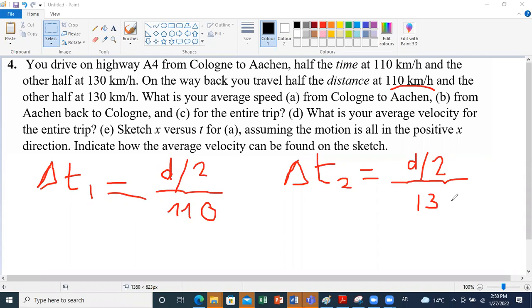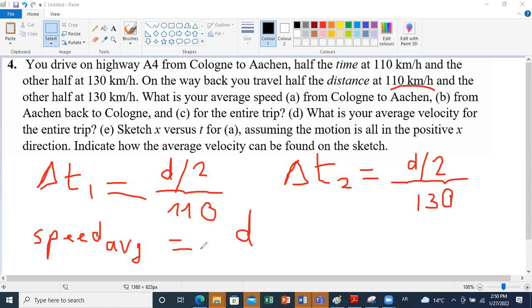Now, let us replace back into the equation of speed. So the average speed is then equal to the total distance d. Now I will replace delta t1 and delta t2 by their expressions.